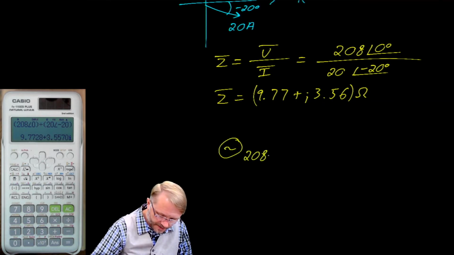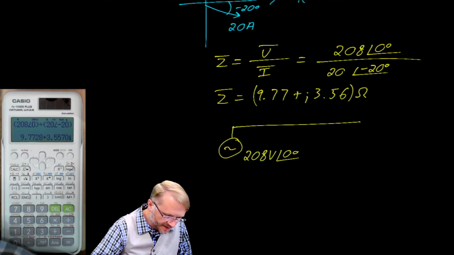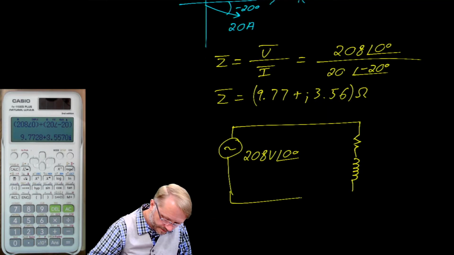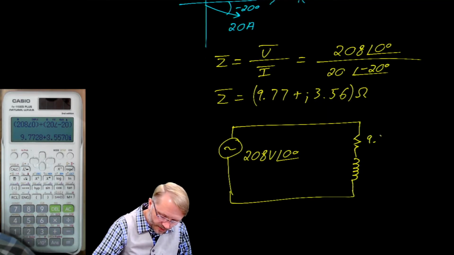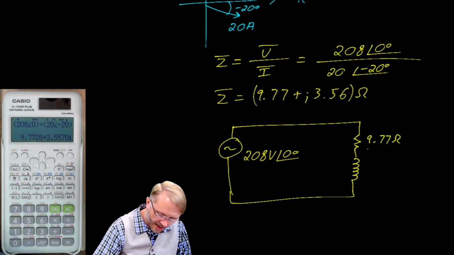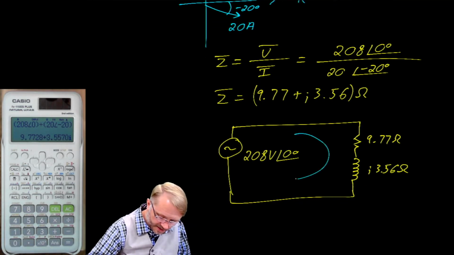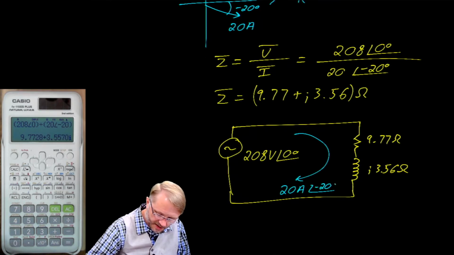We have 208 volts at a phase angle of 0 degrees. There is a resistance and there is an inductance, where the resistor is 9.77 ohms and the inductance is j3.56 ohms. And finally, there is a current in this circuit of 20 amps at a phase angle of negative 20 degrees.